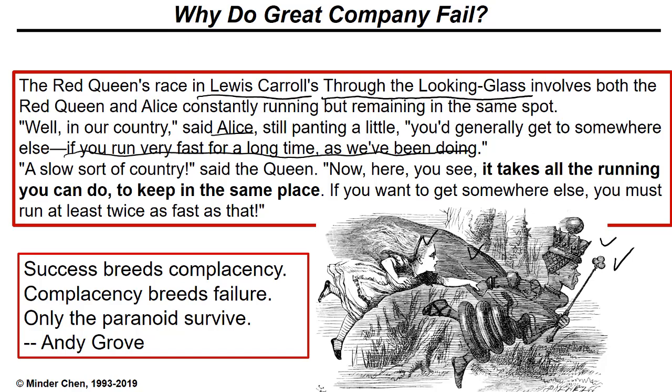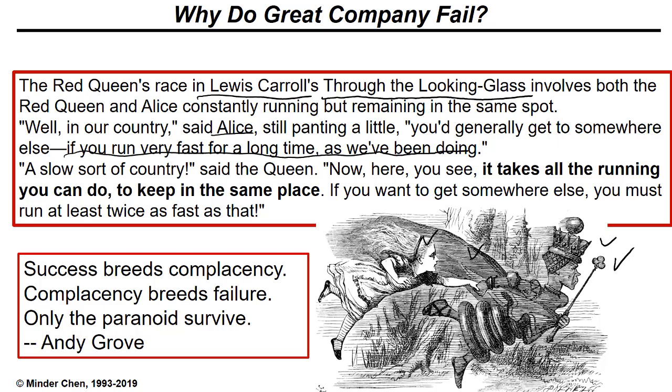Now here, you see, it takes all the running you can do to keep in the same place. If you want to get somewhere else, you must run at least twice as fast as that. So what is this conversation between the Red Queen and Alice really trying to tell us? I'll let you ponder upon it.